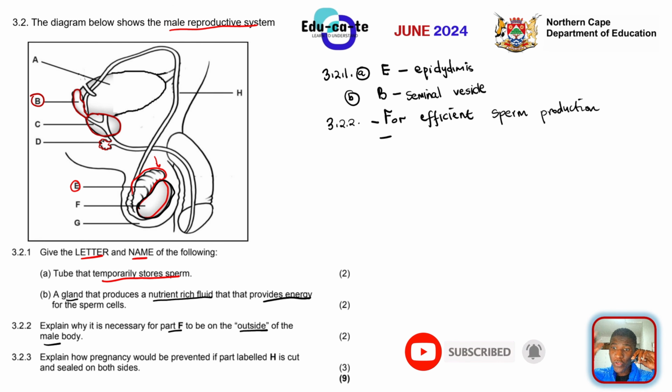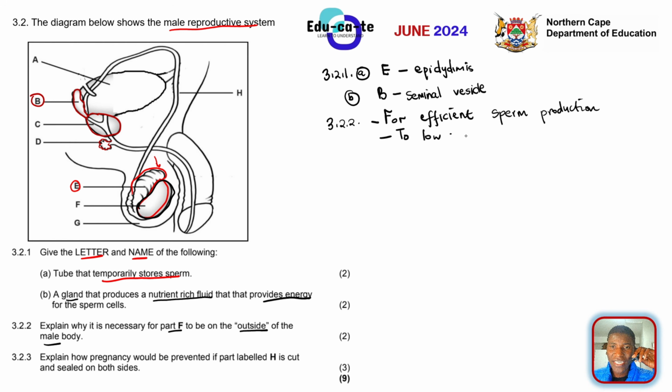But now you reorder the statement when you answer here. So for efficient or for effective sperm production, this part must hang outside so that it can lower the temperature by 2 degrees Celsius below the body temperature.